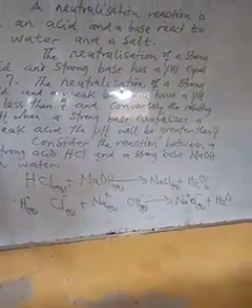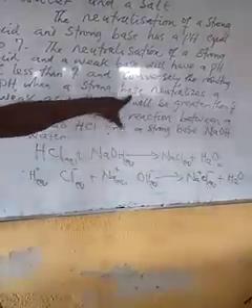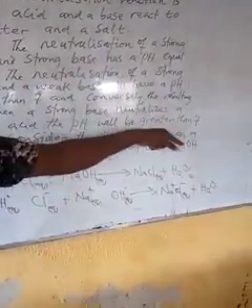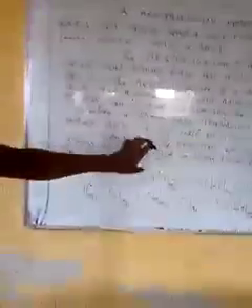And if you could recall, I said the solution that has a pH of 8 to 14 is alkaline. So if you check this reaction, between a strong base and a weak acid, the pH will be greater than 7, that is from 8 and above. So this kind of solution will be alkaline.